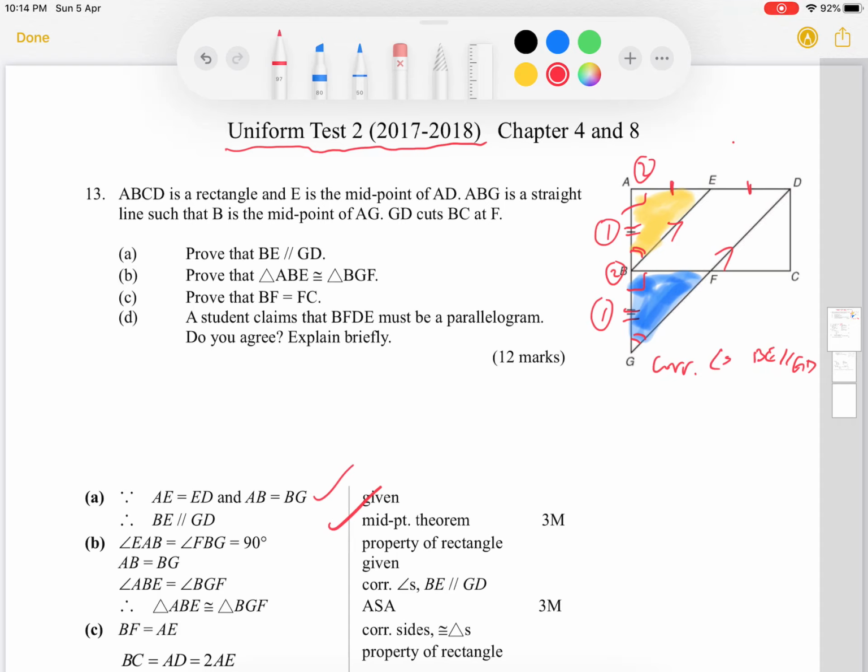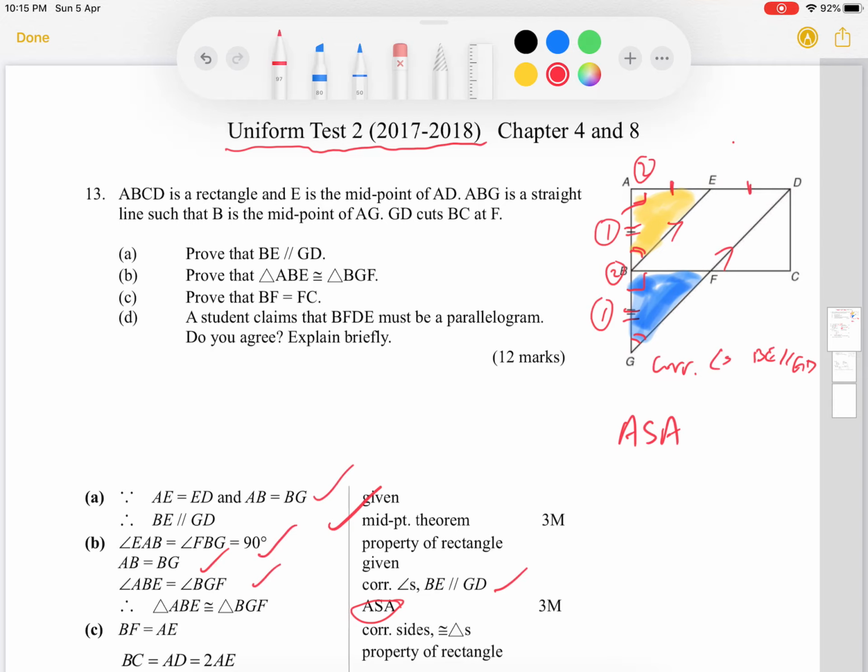So the reason is ASA. You see that 90 degrees, the length equal, angle equal, corresponding angles equal, ASA. You cannot replace it by others if you provide these three conditions. Some students work a few more steps and then they can use other reasons.